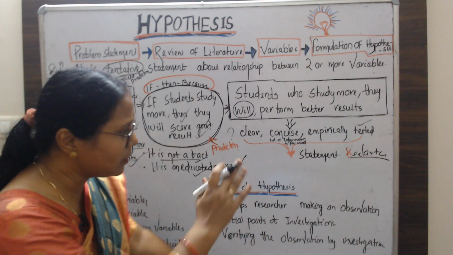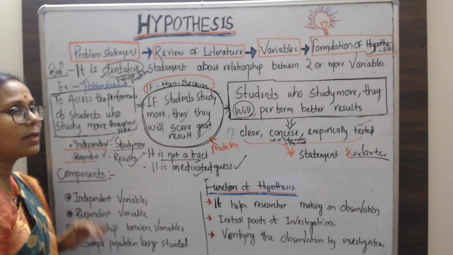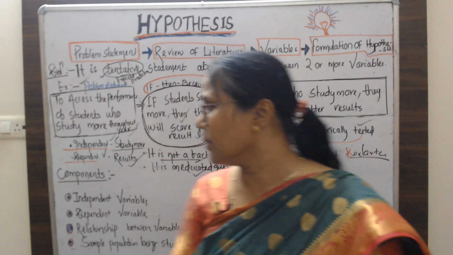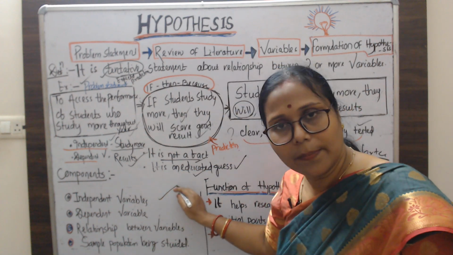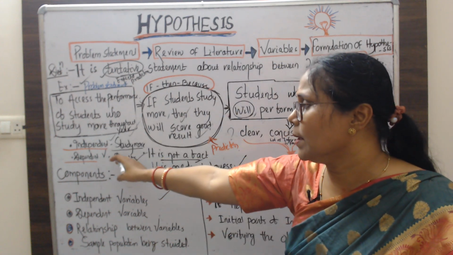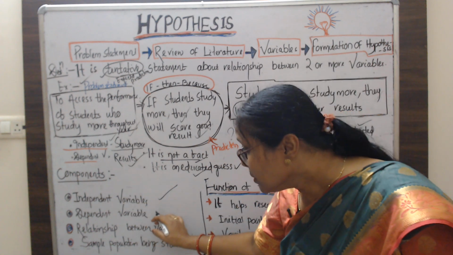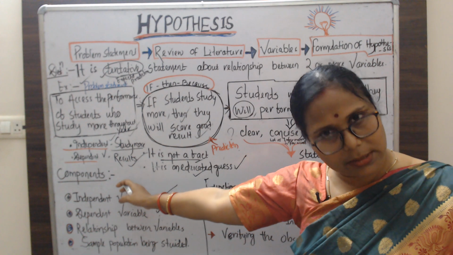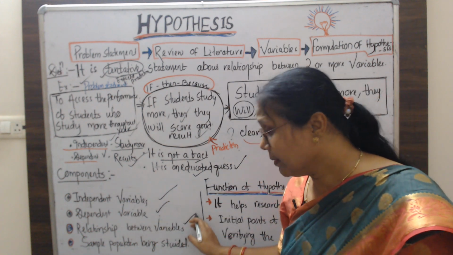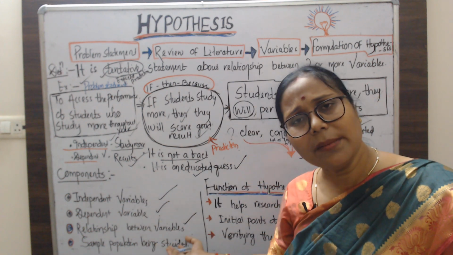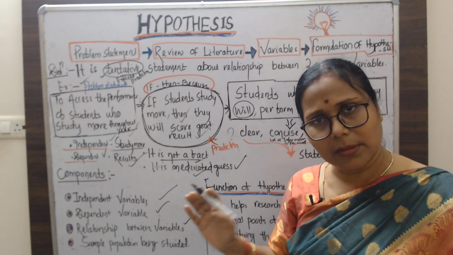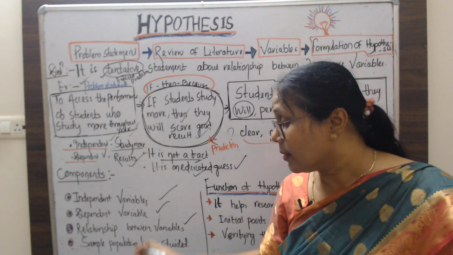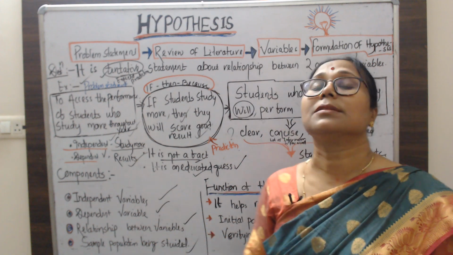Okay, so what are the components of this hypothesis? The first one is called the independent variable. In the example, the independent variable is the study hours. Then the dependent variable, the result or the marks scored, and the relationship between them. The independent variable has a relationship with the dependent variable, and the sample and the population being studied.